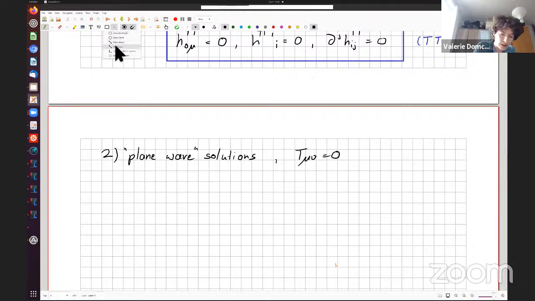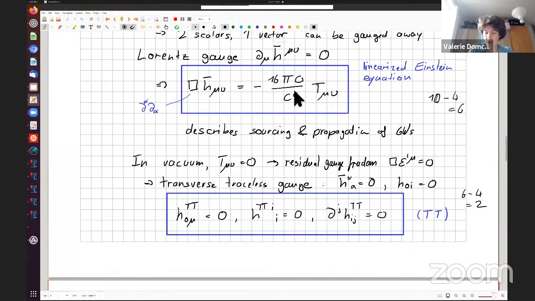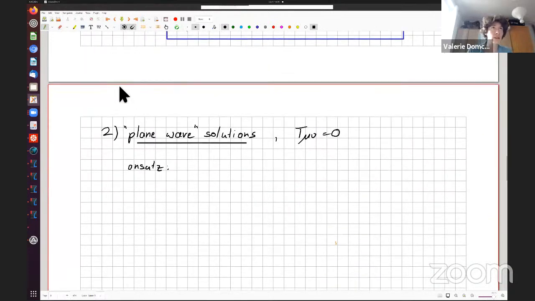So we can start by making an ansatz, because actually this equation here, if you set the right hand side to 0, should look pretty familiar: box something equals 0. This is just a usual wave equation. So we can solve it with the usual ansatz for wave equations, just that we have a couple more indices.